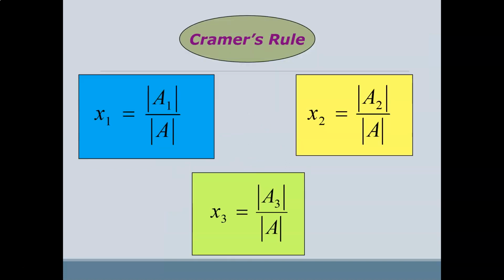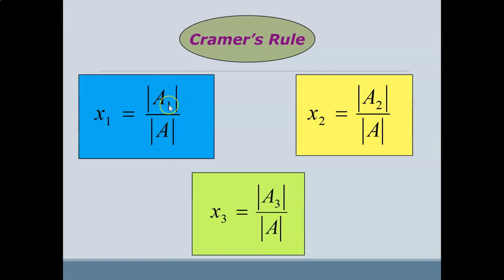So we can conclude that Cramer's rule is: how do you find x1? x1 is equal to the determinant of A1 divided by the determinant of A. Why is it A1?